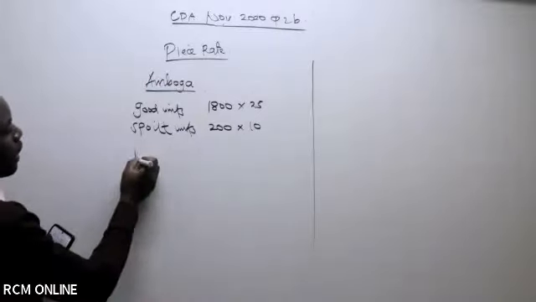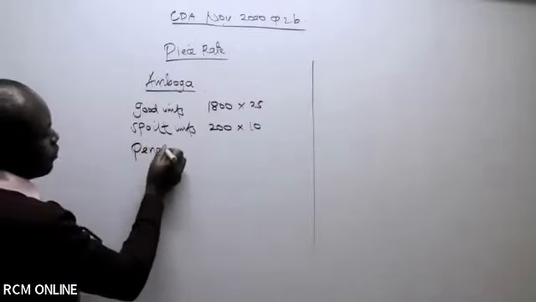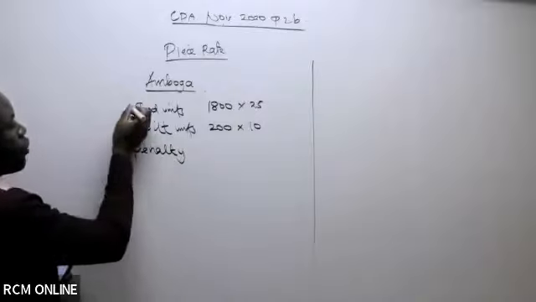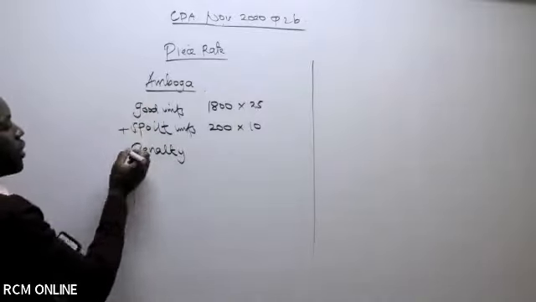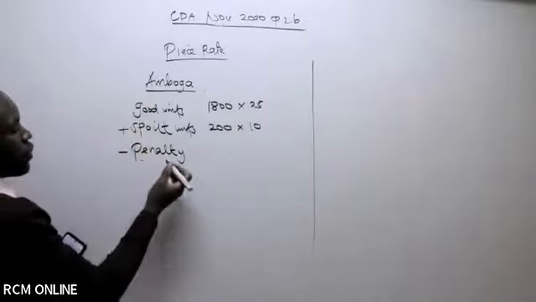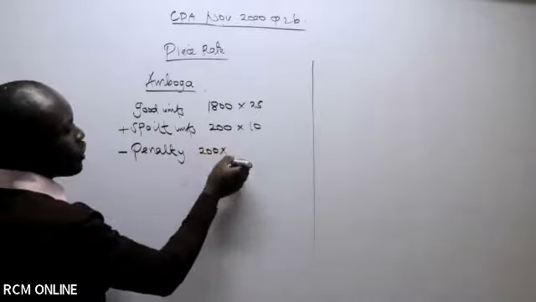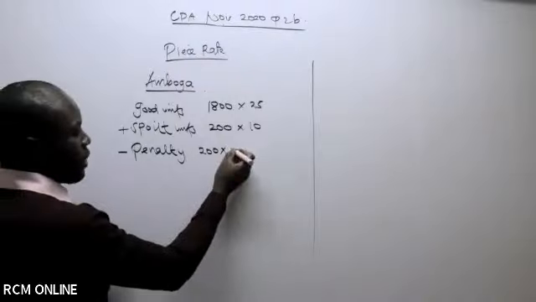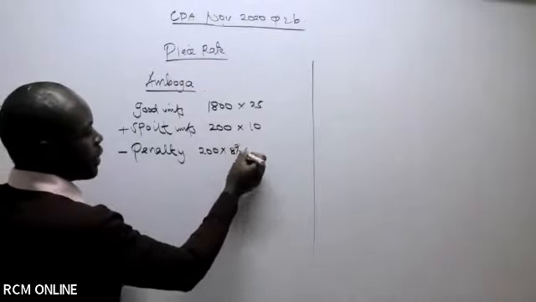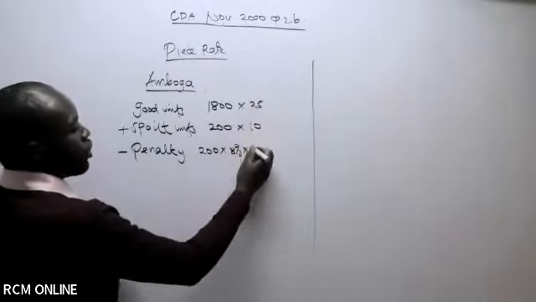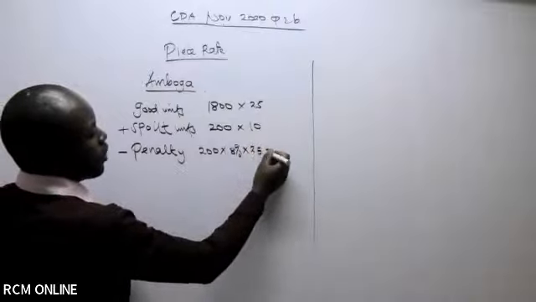So we take good units plus spoiled, then less the penalty. The penalty is on the 200 units that have been spoiled, at the rate of 8% of the rate of good units.